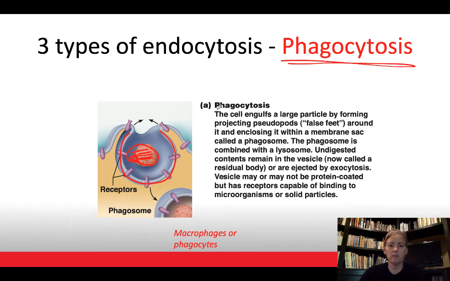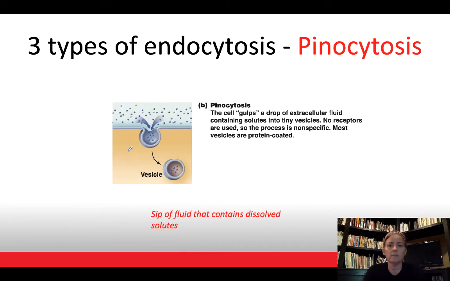So phagocytosis is active transport where the cell engulfs a large particle. This is being used by macrophages or phagocytes throughout the body. This is specific because most of these vesicles do have receptors on them for various types of microorganisms or particles that they're engulfing.